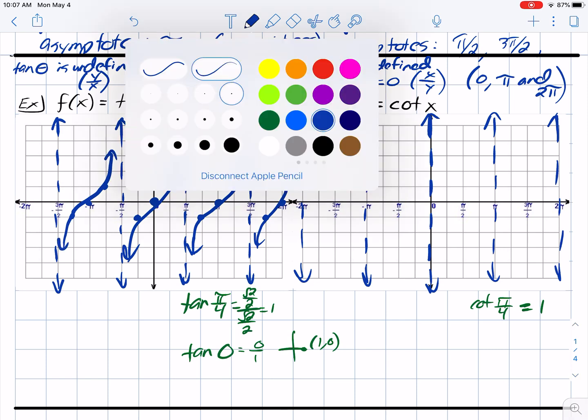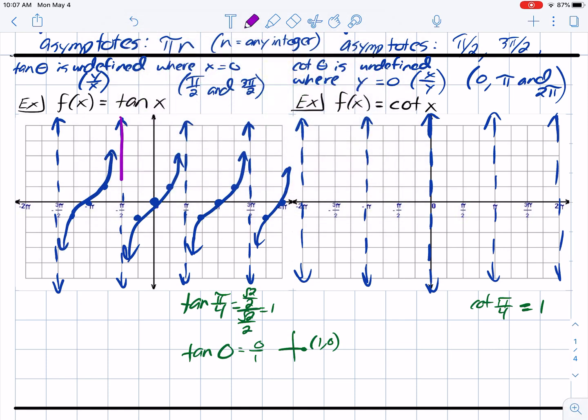I want you to notice one thing that's different for tangent functions. Tangent functions repeat, they're periodic after a much shorter period than sine and cosine. So that would be from negative pi over 2 to pi over 2, so the period length would just be pi.